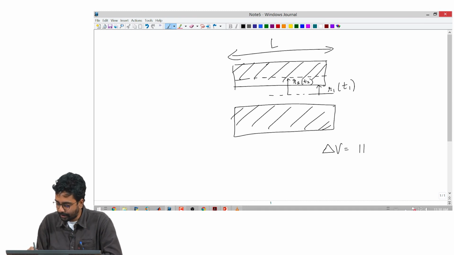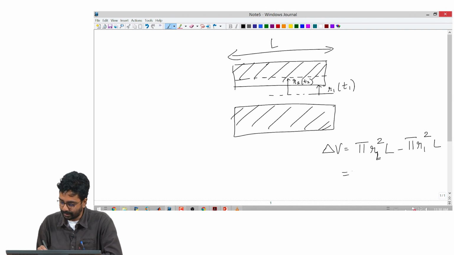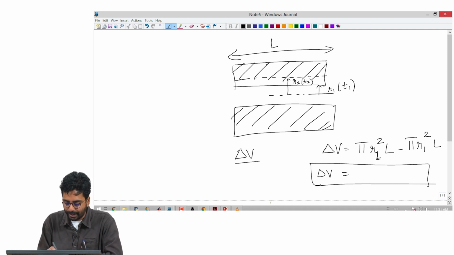This is pi r1 squared times L, the volume of the cylinder, and at time t2 it is pi r2 squared L, minus pi r1 squared L. So, this is the delta V. From the delta V you can calculate delta V by delta t as delta t goes to 0, you will get dV/dt.